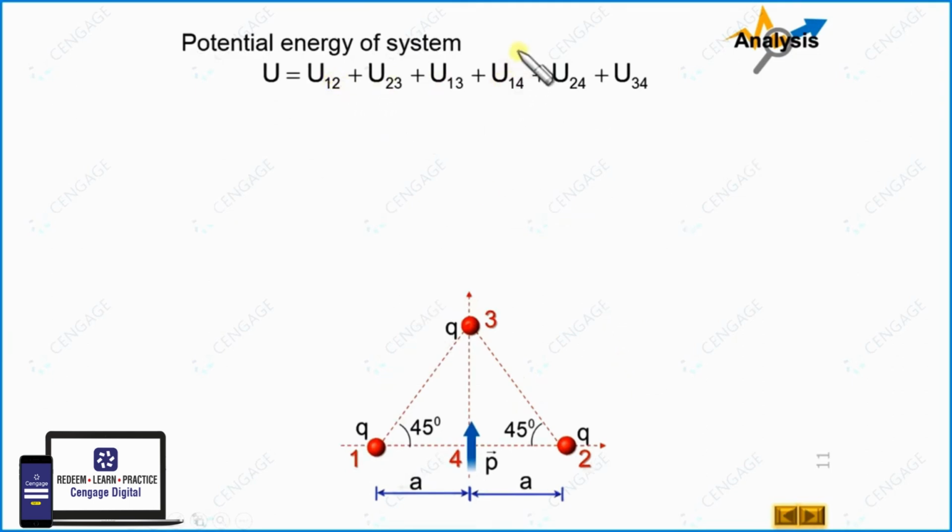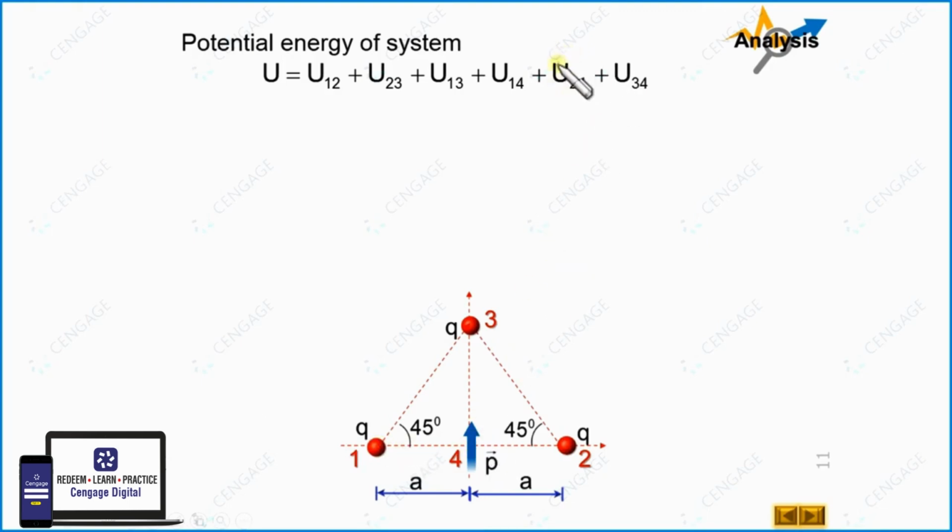Now come to U14. U14 is the potential energy associated with this charged particle and dipole. So here we can write the potential energy for this system equal to minus P dot E1, where E1 is the electric field because of charged particle 1 at the center of the dipole.